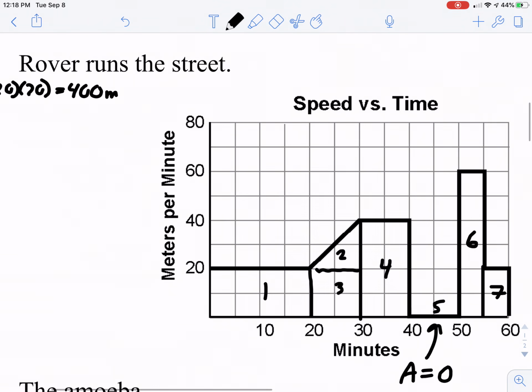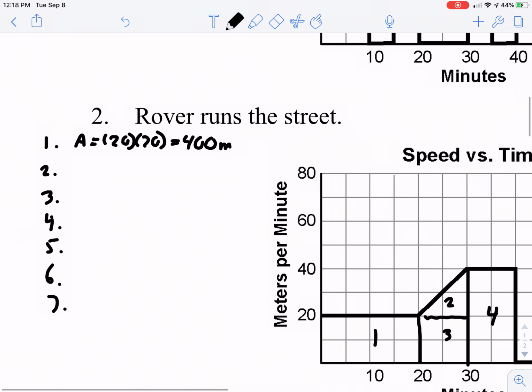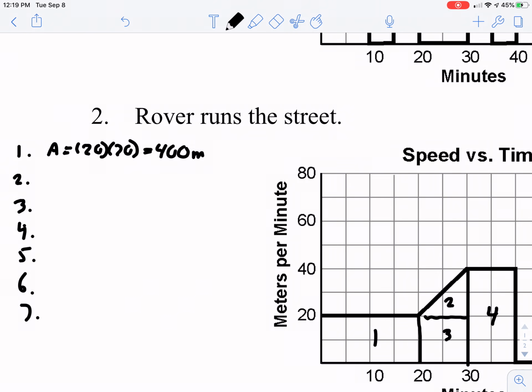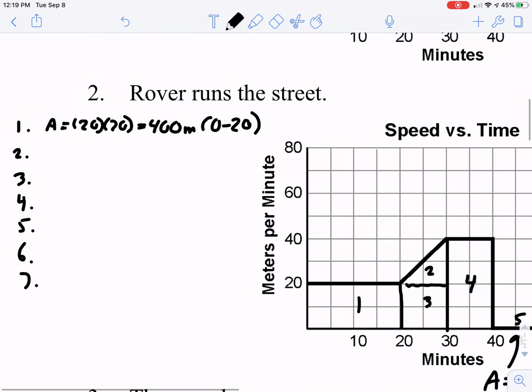Because remember, the unit would be meters per minute, but when you multiply meters per minute times minutes, you end up with meters. So it's 400 meters from 0 to 20 minutes. So for that time interval, we're going that far.